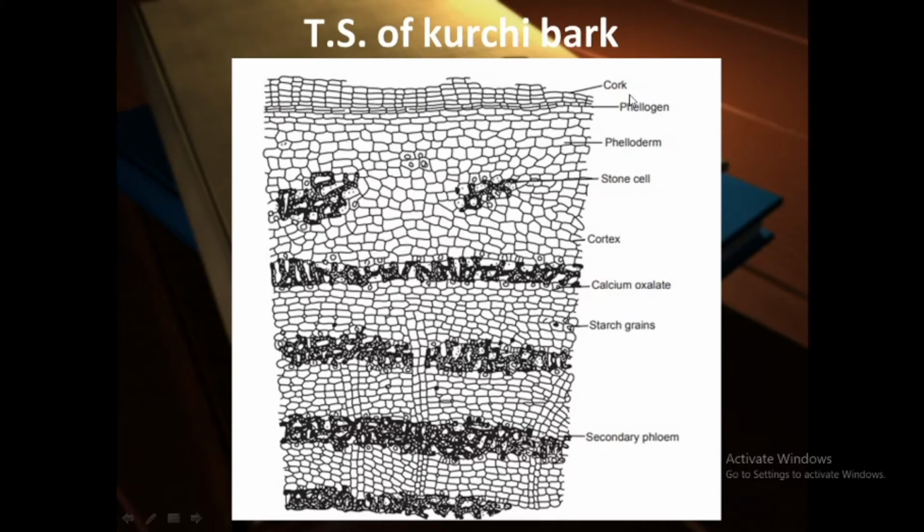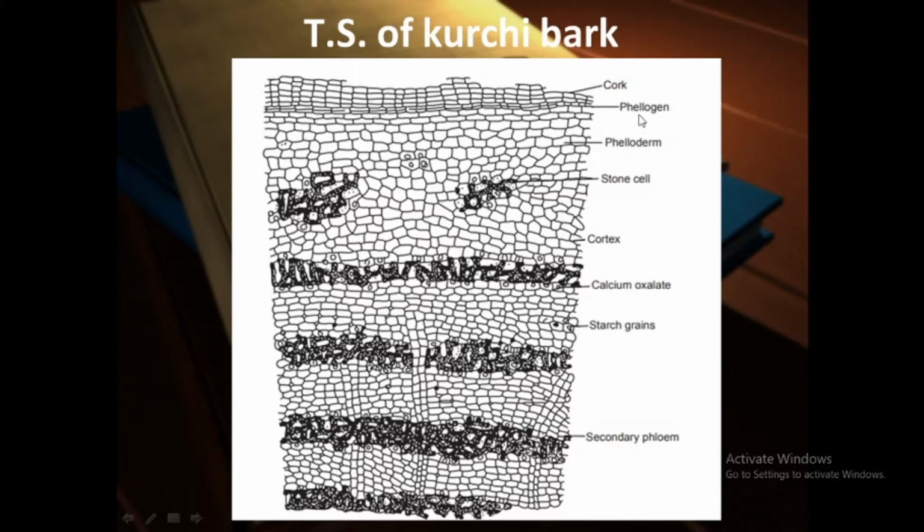So just see the first zone, that is periderm, which contains the cork, phellogen and phelloderm. Cork is basically 4 to 12 rows of elongated cells. A few cells contain yellowish brown matter, the most important thing.